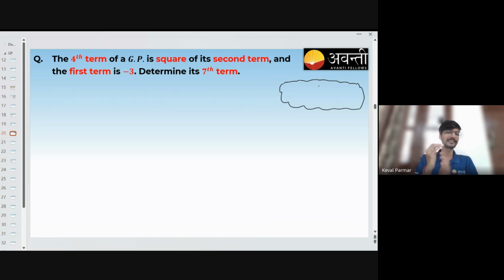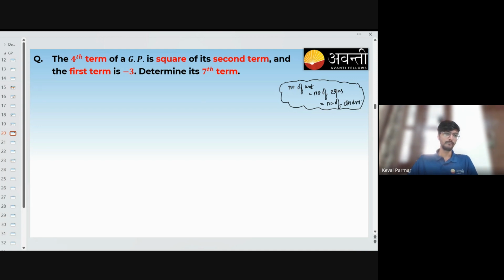And also new students are coming, so I need to keep repeating myself. So what I was trying to say is, the number of unknowns is equal to the number of equations we need. That means the number of conditions should be there in the question, right?